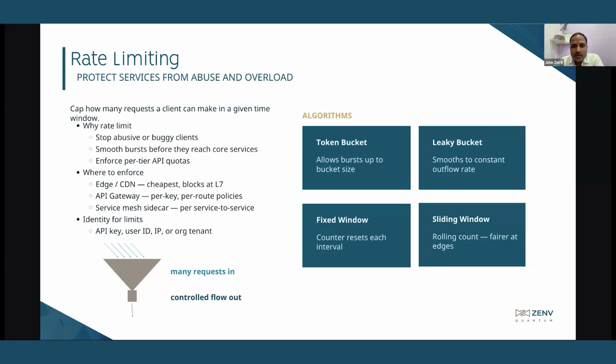For this, we also have several algorithms. If you look at the diagram, many requests come in, but we serve them in a controlled way using algorithms like token bucket, which allows only this many requests to be served. There are some minor differences between these, and based on the application we can choose.